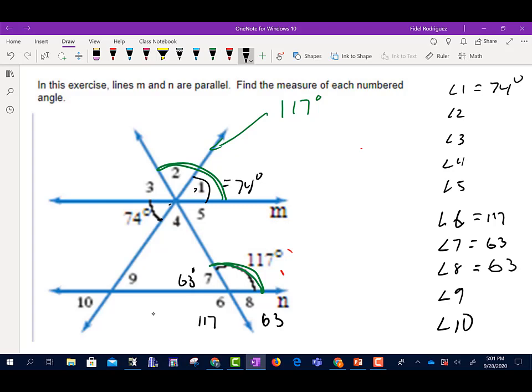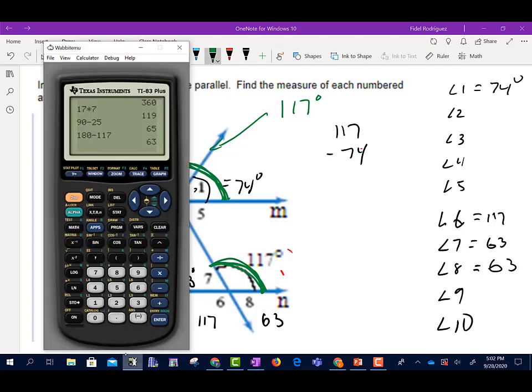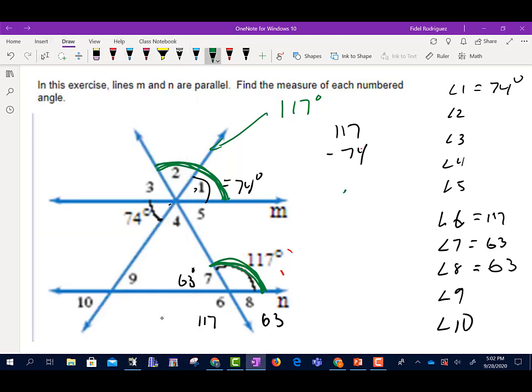So if I wanted to find the measure of angle 2, I could take 117 minus 74, because this big angle here is corresponding to that big angle there, and corresponding angles have the same measure. So 117 minus 74, that's going to give me 43 degrees. So this angle right here is 43 degrees.